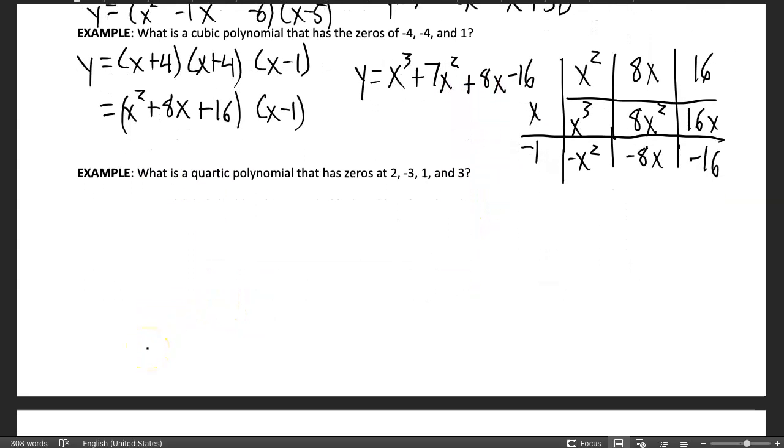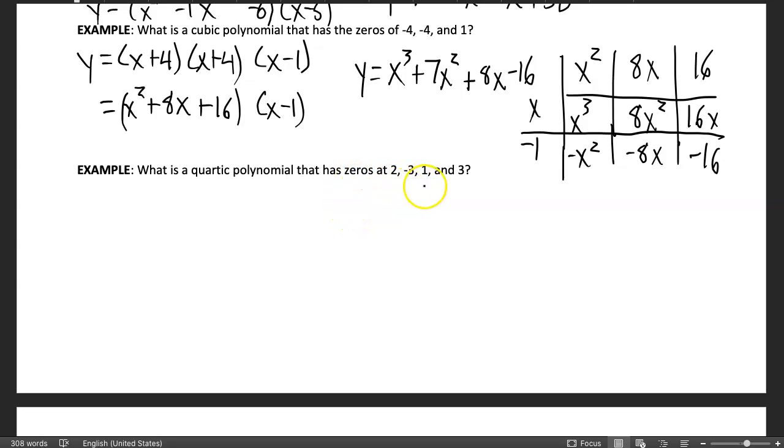Let's do one more, a quartic polynomial that has zeros at 2, -3, 1, and 3. Go ahead and write this out and solve it. For this one, we'll get y is equal to x minus 2 times x plus 3 times x minus 1 times x minus 3.